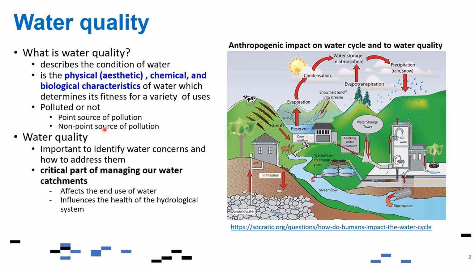However, the other one is a non-point source. In this case, an example of that is this agricultural runoff. It is coming from different places, so it's not only a single source. The waste from the animals also is contributing to that. So this is harder to identify in terms of its quality because it's coming from different sources.